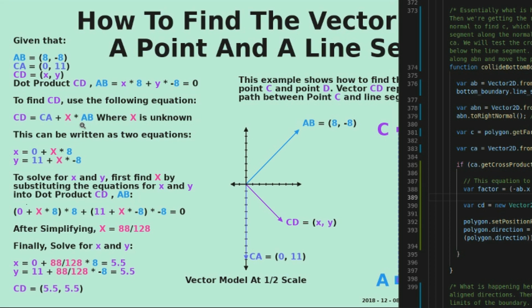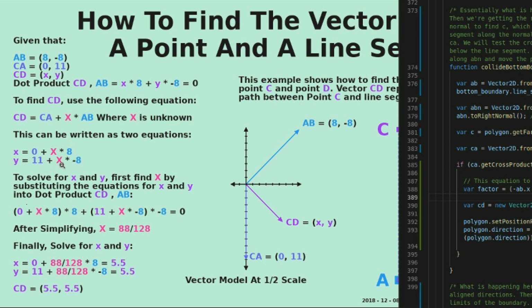And we could break that down into the X and Y components, and we get CD.X equals CA.X plus factor times AB.X. And for Y, we have CA.Y plus factor times AB.Y. So these are what we're going to use.